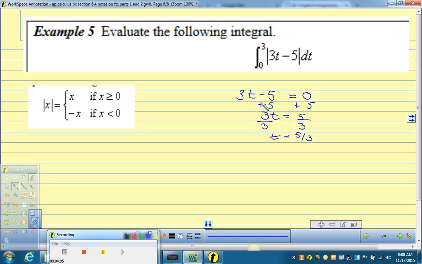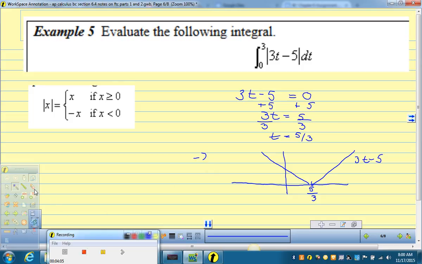It is the x-intercept, okay? So, this thing looks like, 5/3. It looks like 3t minus 5, that way. And it looks like the negative of 3t minus 5, that way.